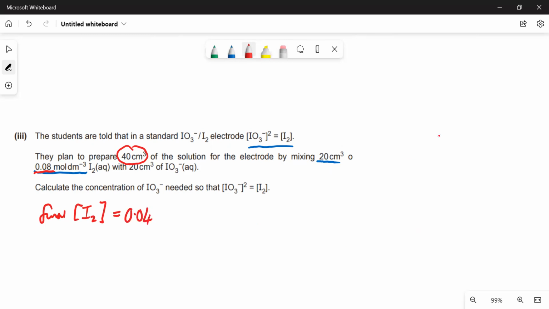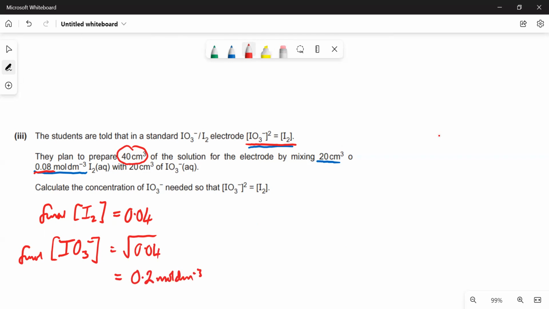So what is the final concentration of iodate that we need? Well, here we've got iodate squared is equal to iodine. So the final iodate concentration is going to be equal to the square root of 0.04, which works out to be 0.2 mole per decimeter cubed. That is not the end of the story. That's the final concentration of the iodate.